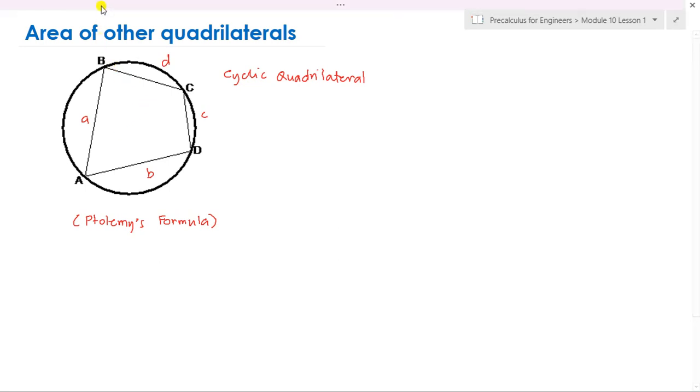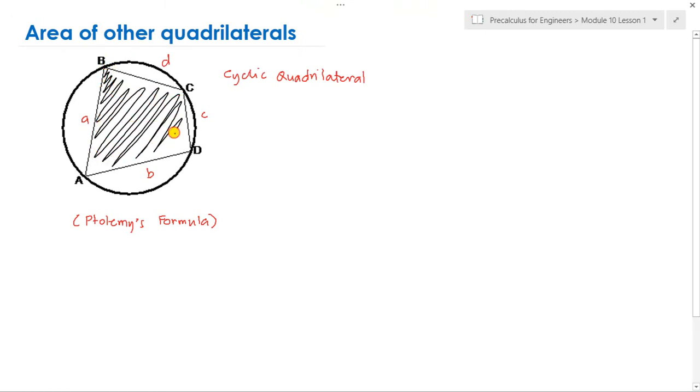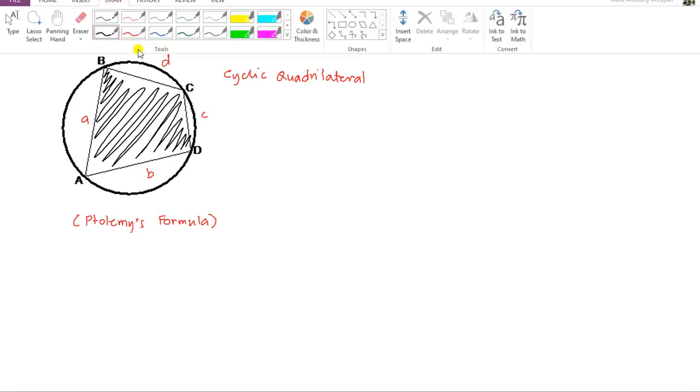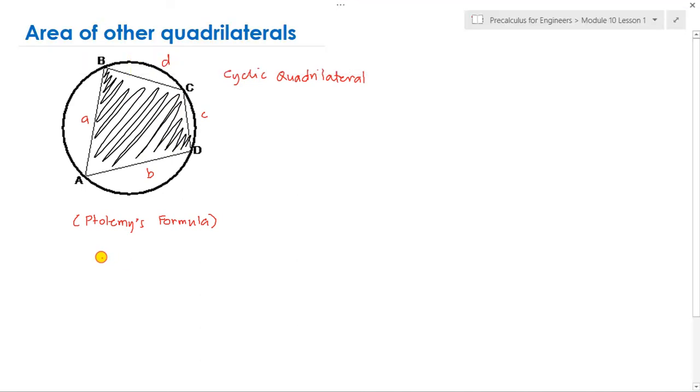For a cyclic quadrilateral, the area of the quadrilateral inside the circle, put area here, is equal to, according to Ptolemy's formula, the square root, similar to Heron's style, of S minus A times S minus B times S minus C times S minus D.